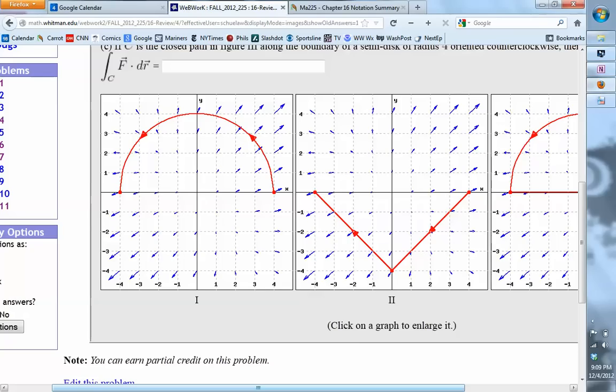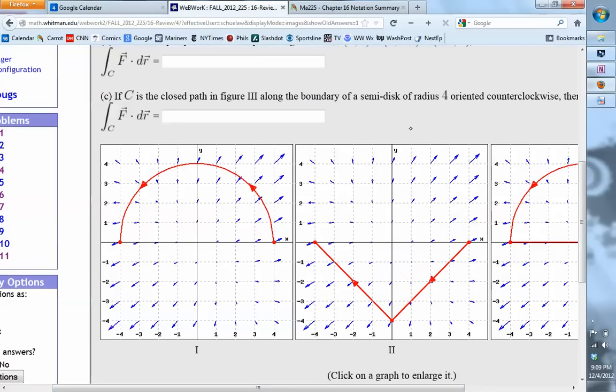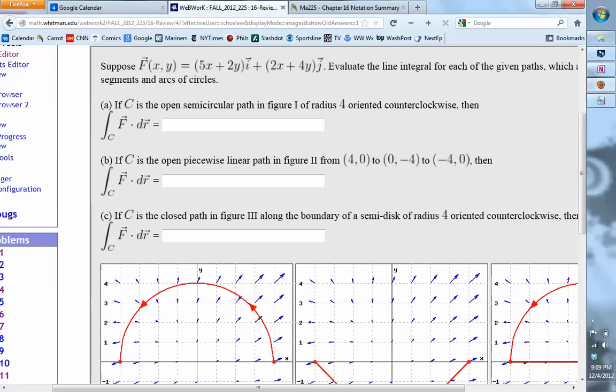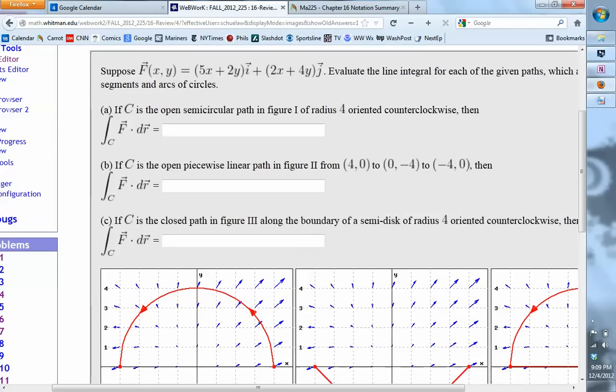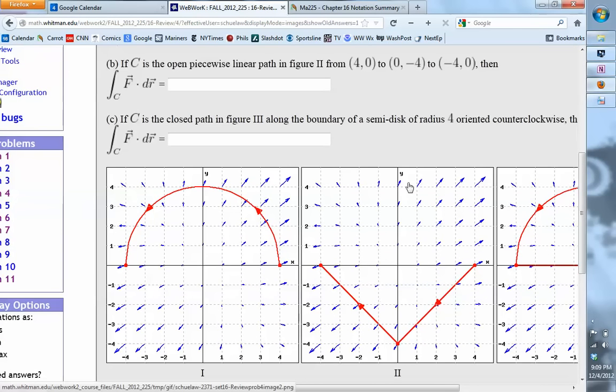Could you set it up? Sure. So this appears to be a half circle. Yes, they do tell you that it's a half circle. In my case, the circle is of radius 4: 1, 2, 3, 4.